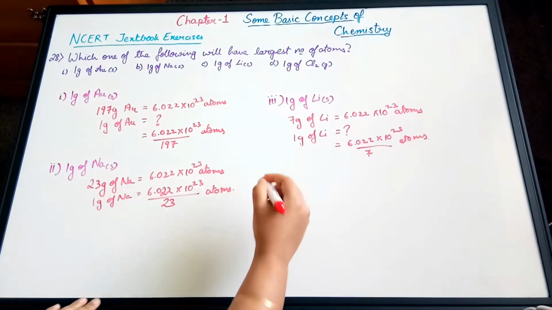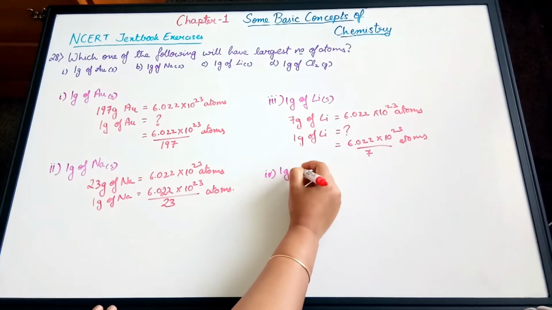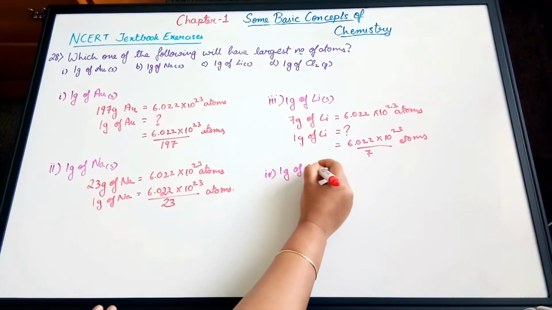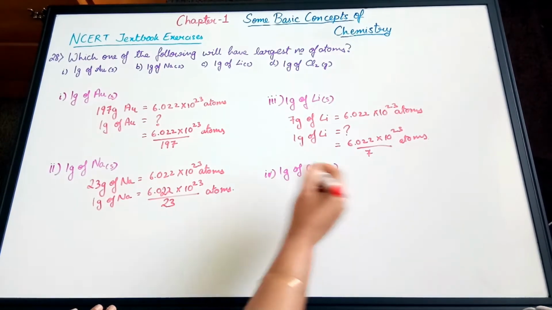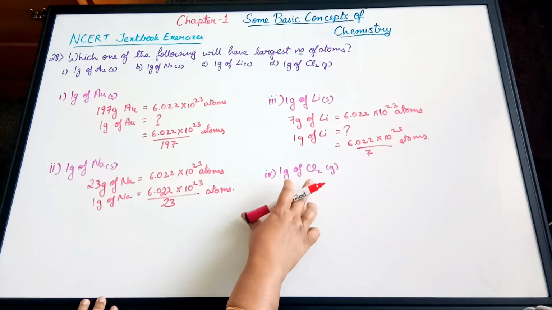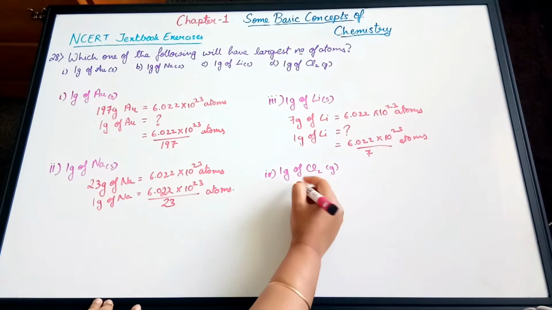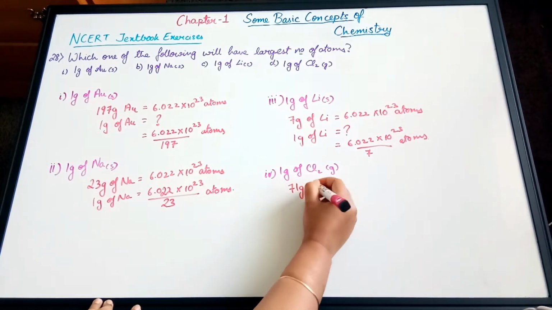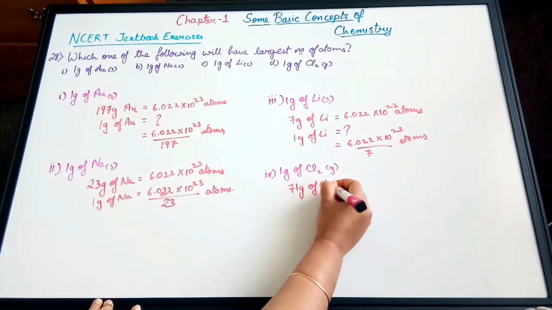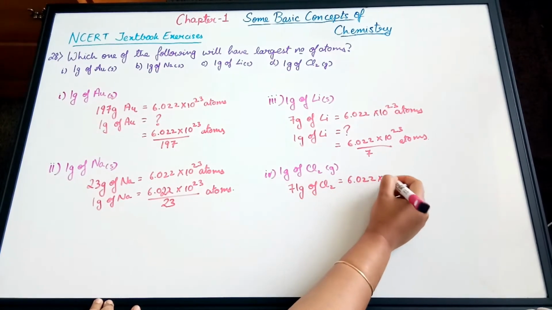In the fourth case, till here we had been given atoms, but in this case we've been given a molecule. So we will be considering the gram molecular mass. The gram molecular mass of chlorine is 71 grams. So 71 grams of chlorine will have 6.022 into 10 to the power 23.